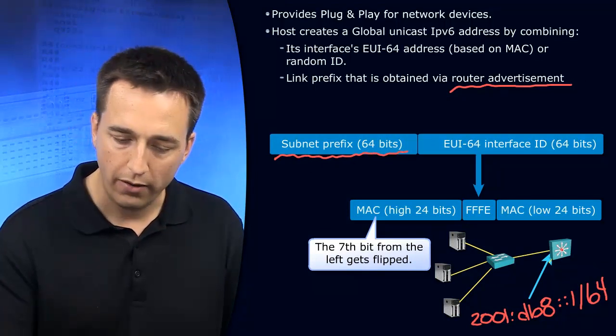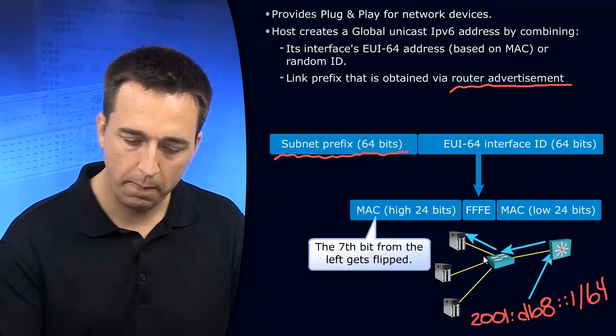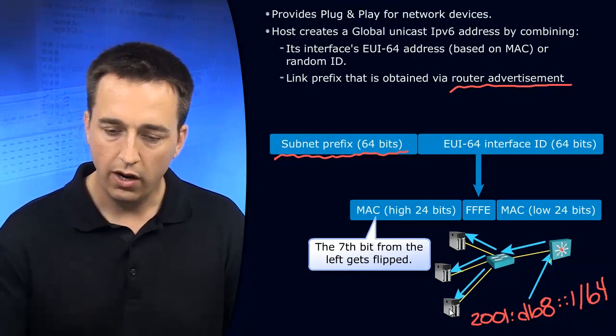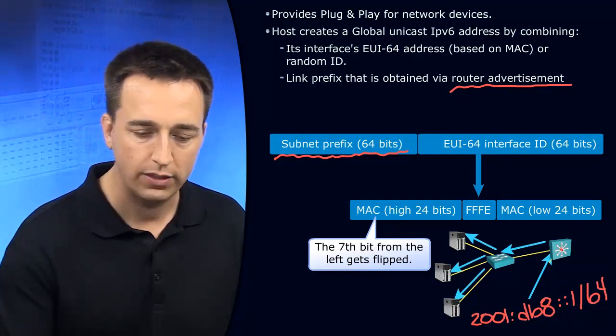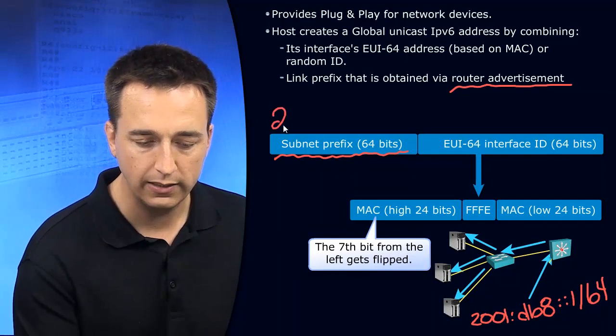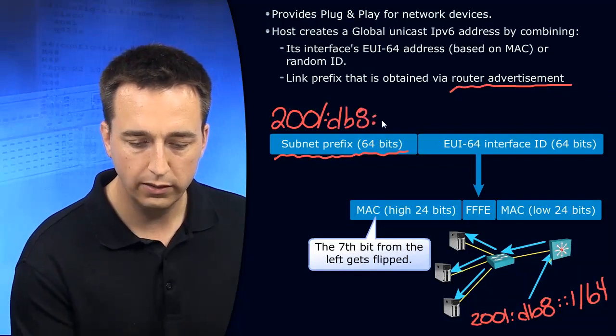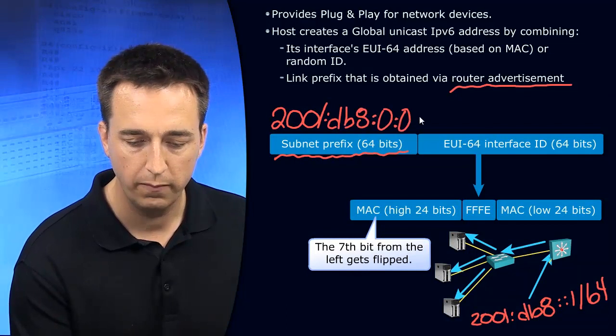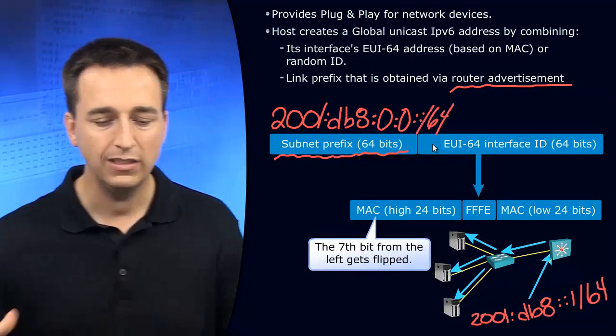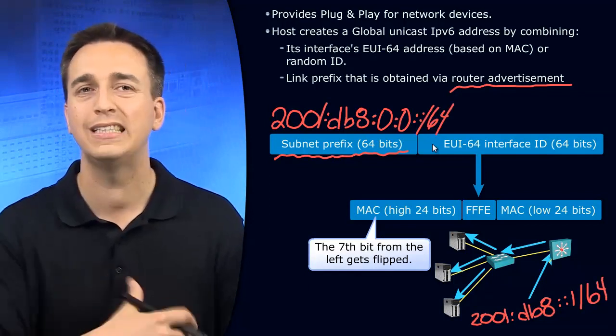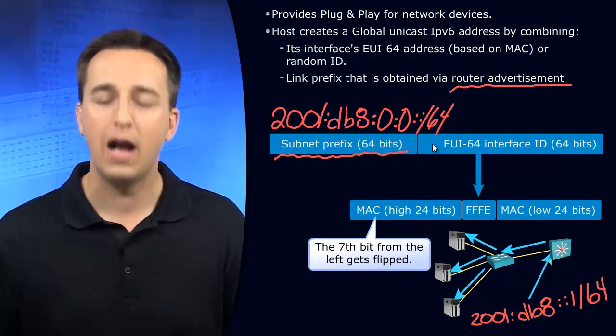In this case, the router advertisement is going out, and these end stations are going to receive that router advertisement, and they're going to realize that 2001:DB8:0:0::/64 is their subnet prefix, the first 64 bits of their IPv6 address.